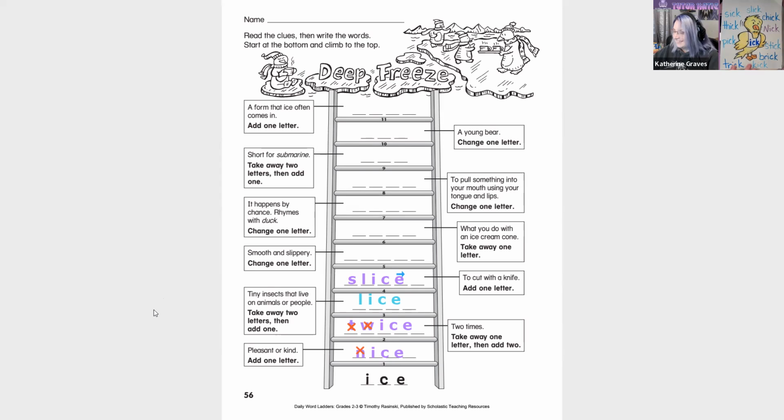Yes. Good job. All right. What do you do with an ice cream cone?